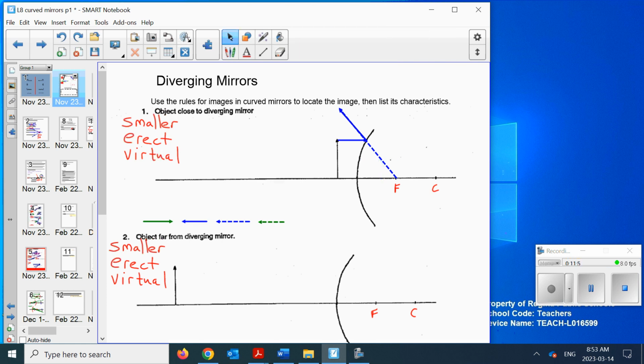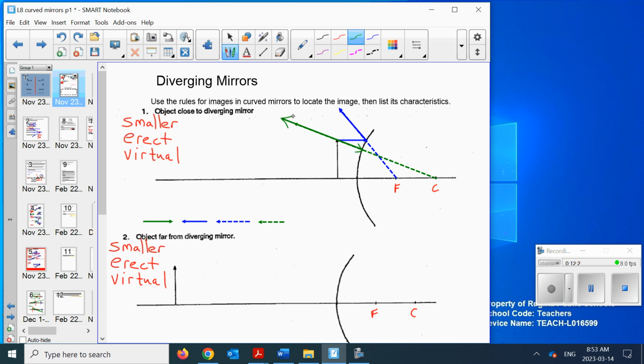So I'm going to use the rule where we line things up with the center. So I go to the center, draw a dotted line, and then shade it. So this really is a rule where, if something lined up with the center hits the mirror, it bounces straight back on itself.